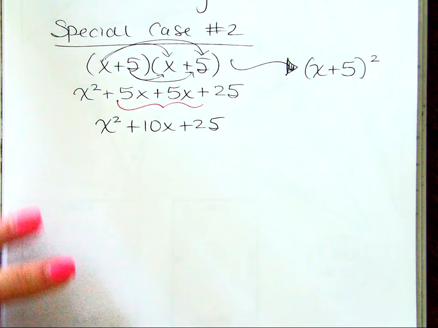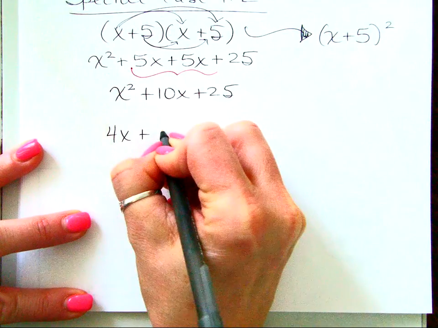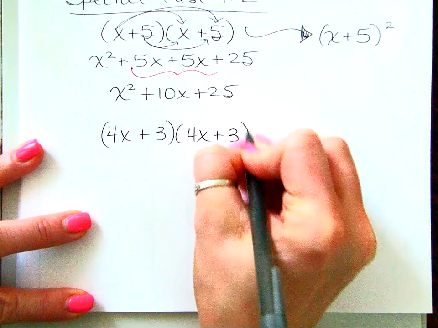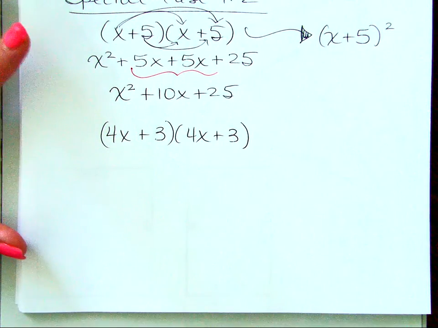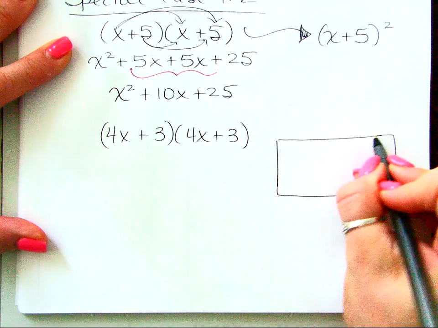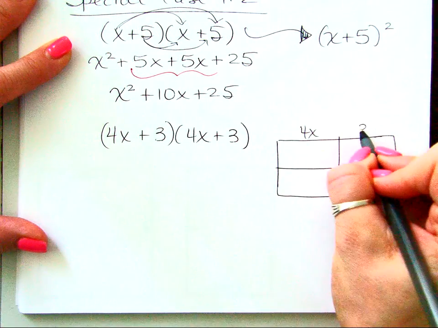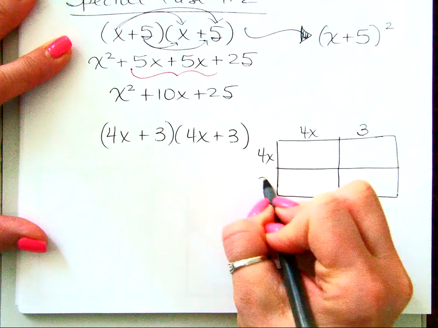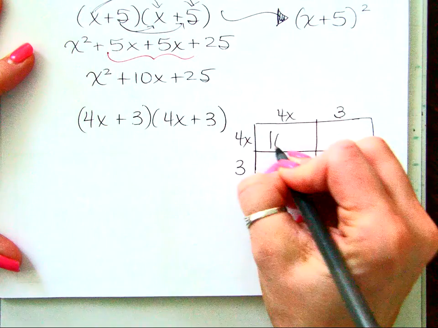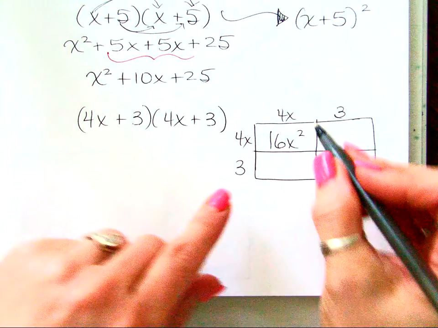So how about this? 4x plus 3 times 4x plus 3. Okay? We'll box this one out. So you have a 4x plus 3 times another 4x plus 3, which is going to give you, go ahead and fill it out with me, 16x squared. Here's one of your 12x's.